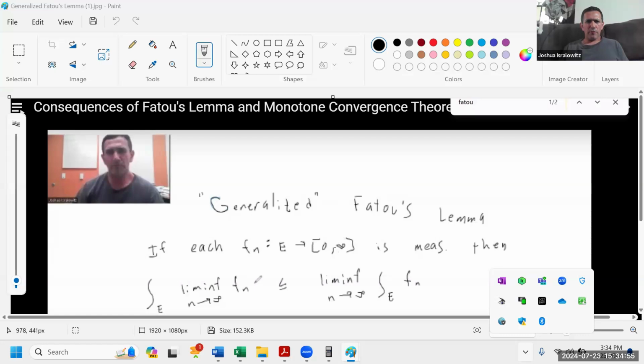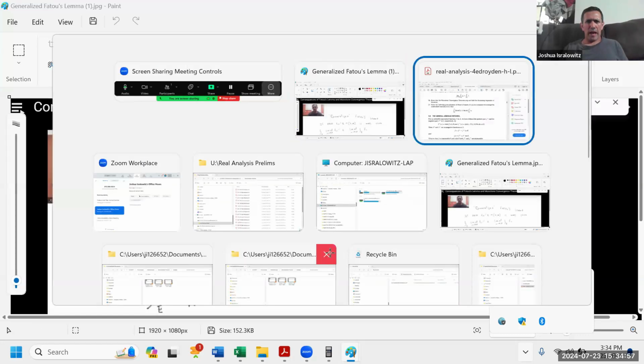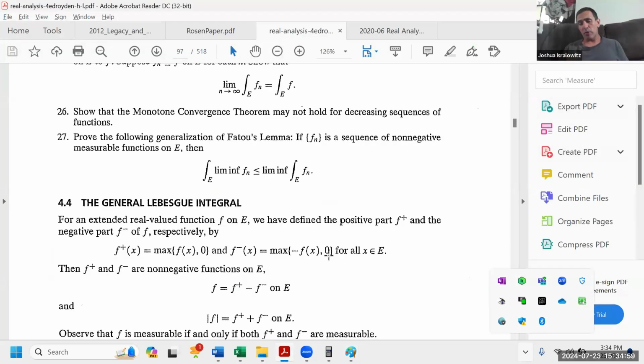But for applications, particularly one of the prelim problems, which I want to go over after this, I'll give you probably the most streamlined way to do the proof of the generalized Lebesgue dominated convergence theorem.